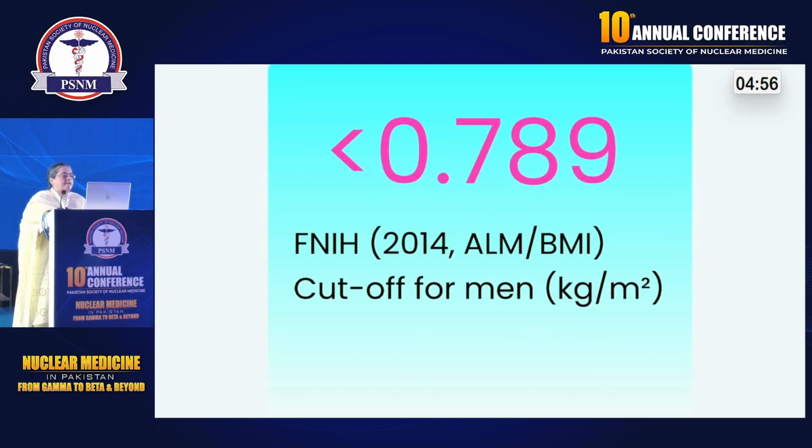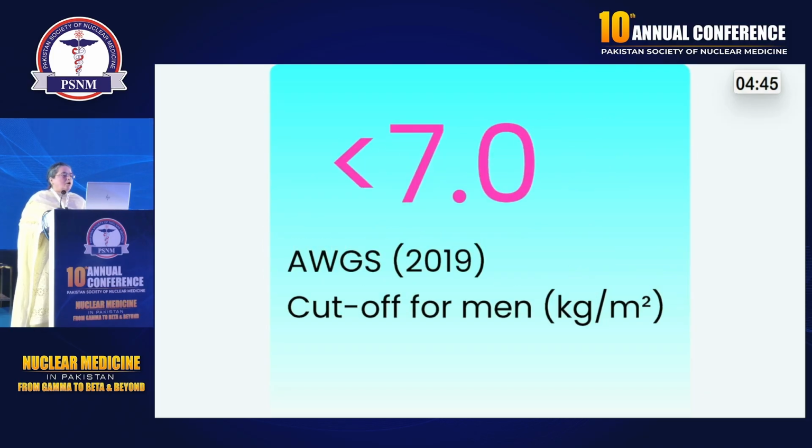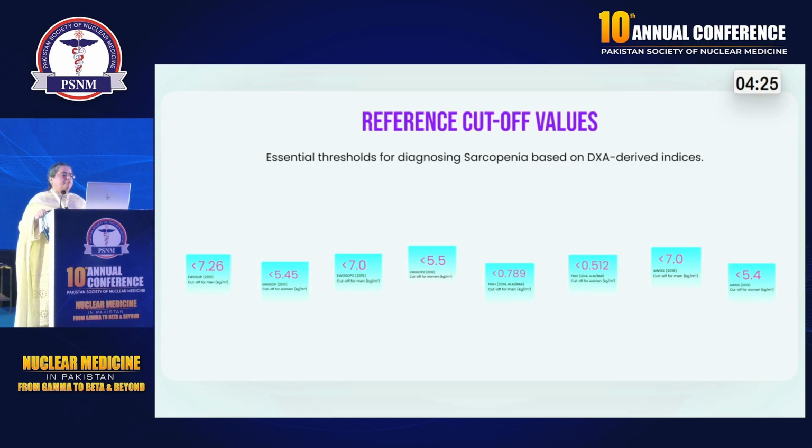So the FNIH set that if the value is less than 0.786, the term is sarcopenic, and for women it is 0.512. According to the Asian Working Group for Sarcopenia, the cutoff value for men is 7, because Asian men have a smaller habitus compared to Europeans, so they have reduced it to 7, and for females to less than 5.4.